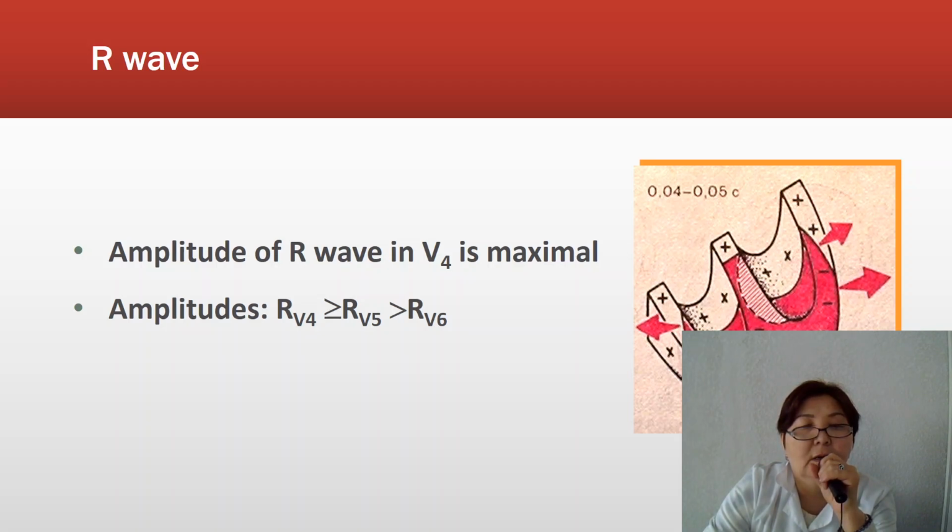Amplitudes. RV4 is more than RV5 and more than RV6.